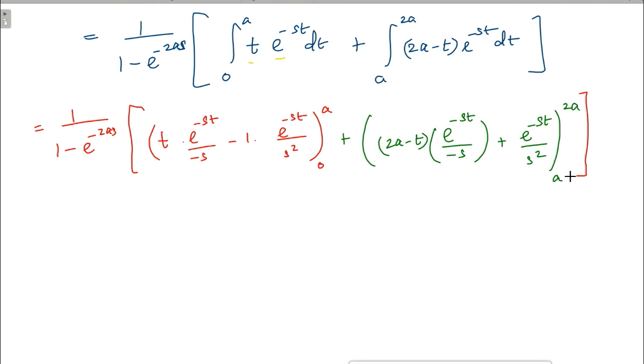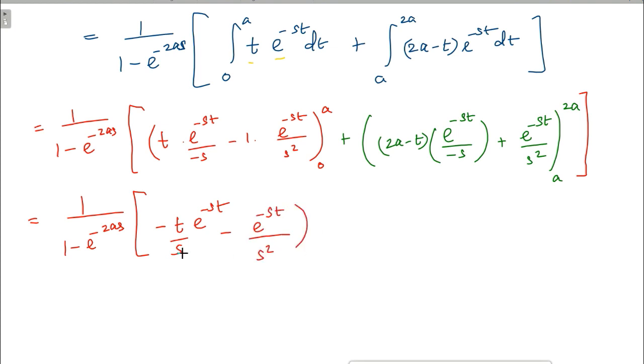After some simplification I am going to apply the limits. So 1 by 1 minus e power minus 2as, I am going to rewrite this term as minus t by s into e power minus st minus e power minus st divided by s square, from 0 to a, plus (t minus 2a).